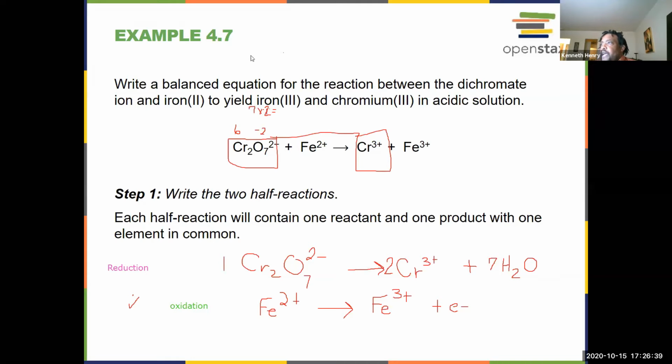So we add hydrogen ions. How many are we going to need? 14.